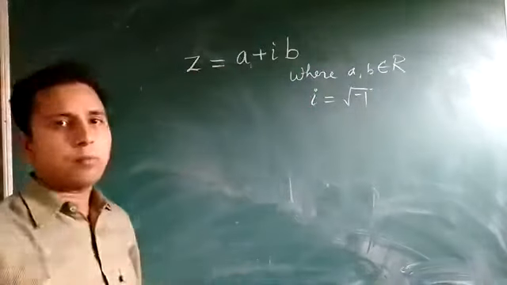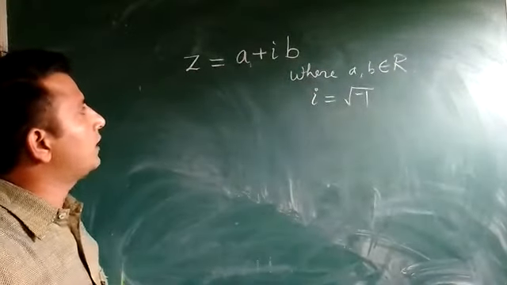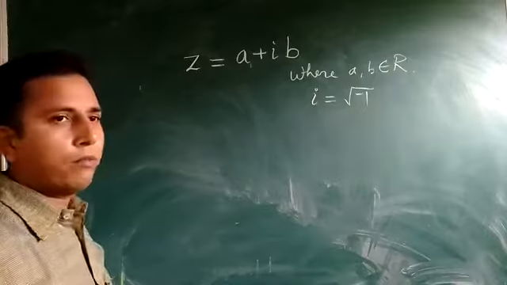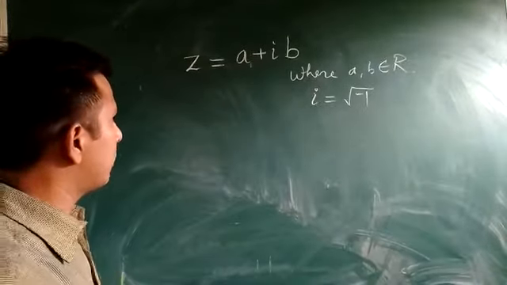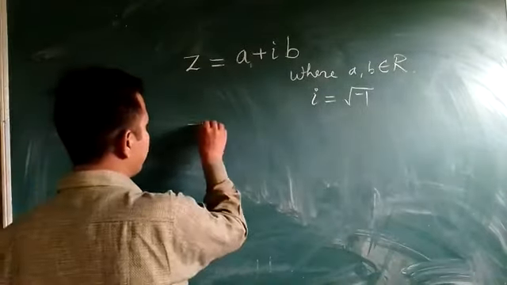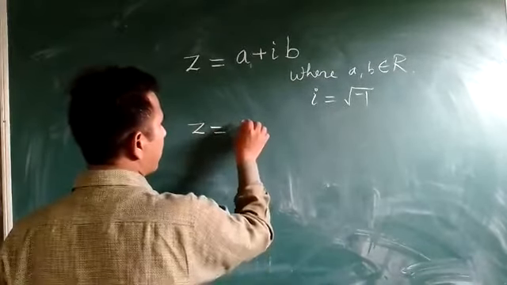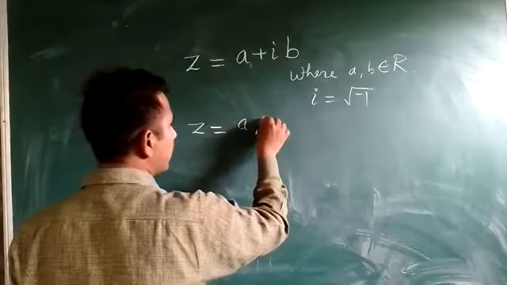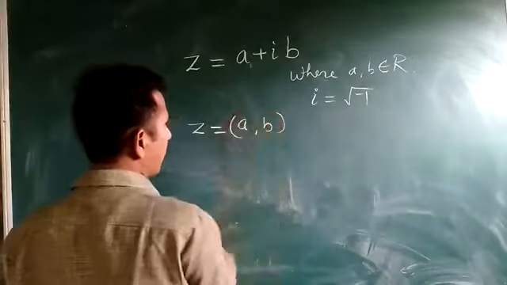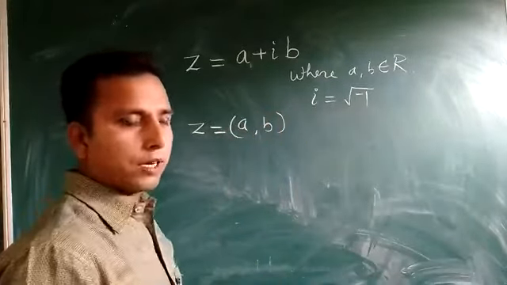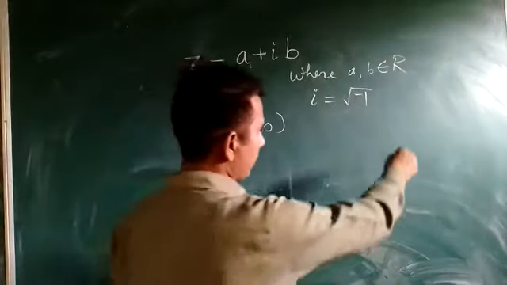Okay, we have to plot this number and study in polar form. For studying polar form, we write it as ordered pair a comma b and plot it on the Argand plane or complex plane.